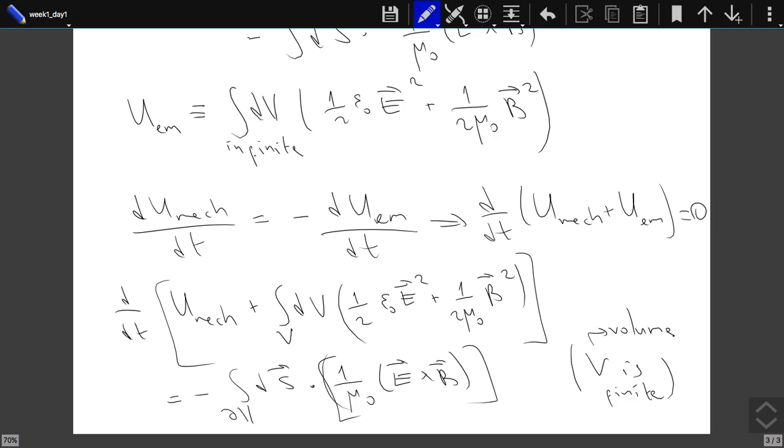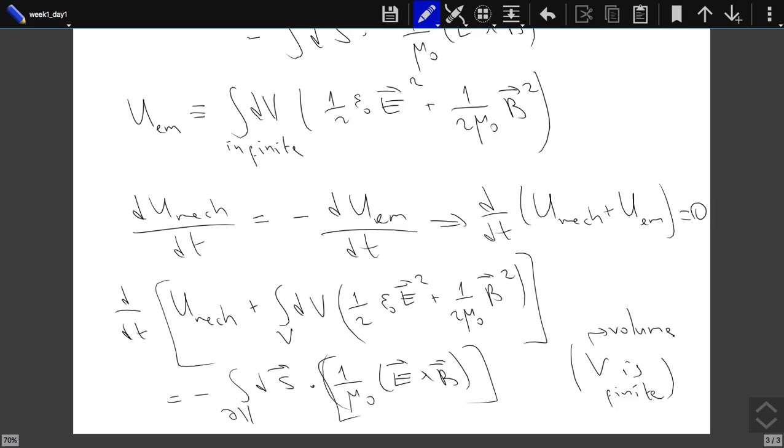The rate of change of the total energy, both the mechanical energy of the point masses and the energy stored in the electromagnetic field, its rate of change is not zero, because some of it might be flowing out of the boundary surface of my volume. So the rate of change should be equal to the total flow through my surface. Well, this is my flow through the surface. So this is the energy flux, energy flow through a given point on the surface.